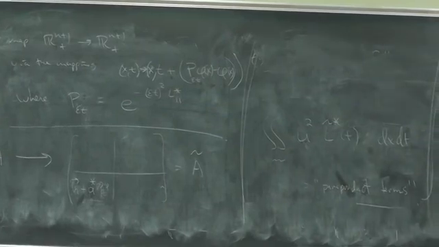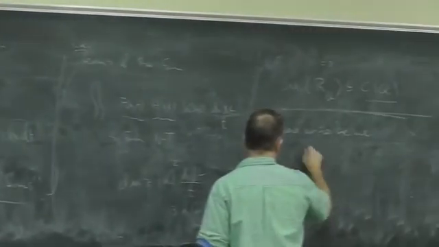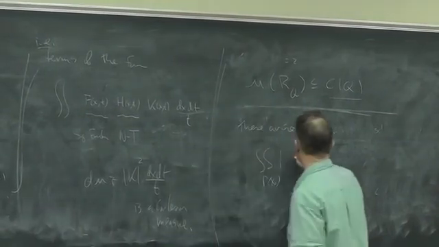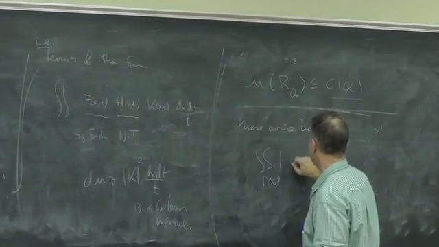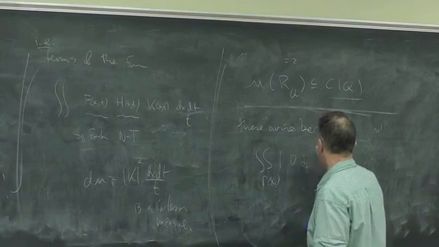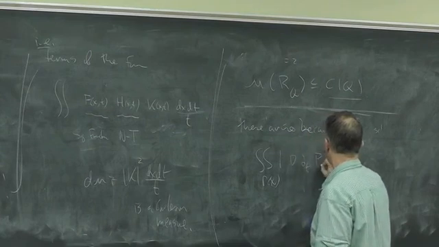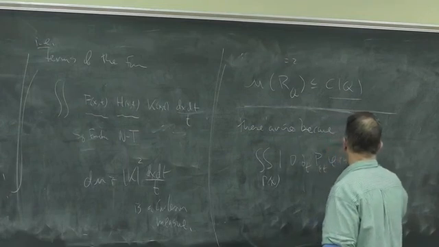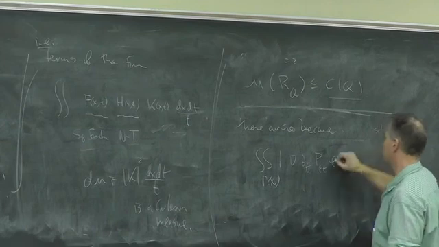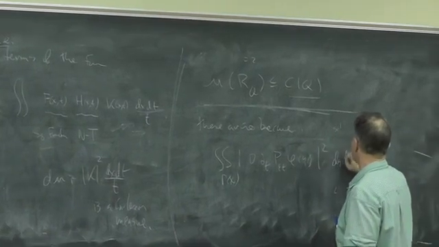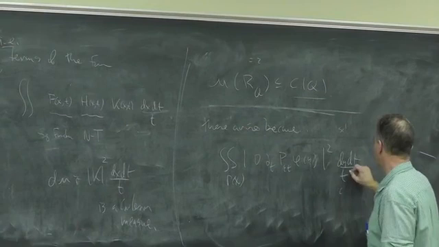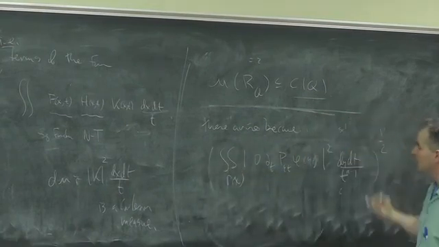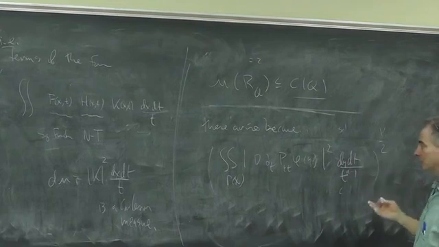Okay? If I look at this kind of square function, where I have, say, the gradients and maybe a t derivative of this thing P epsilon t of phi, squared, over t to the n minus 1. These square functions turn out to be bounded. Okay?